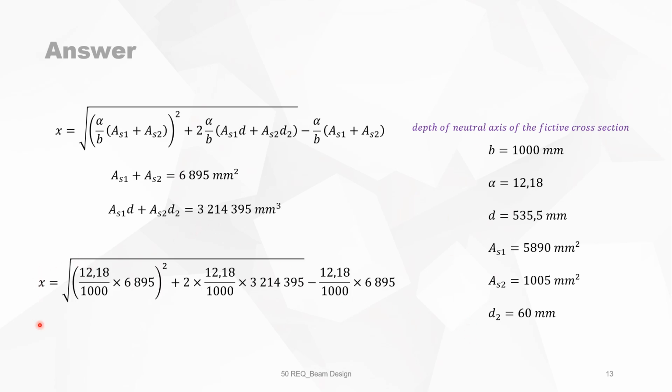Then we calculate the depth of the neutral axis, which is 208 millimeters. This must be bigger than, of course, the concrete cover plus the stirrup diameter and the point of gravity of the tension reinforcement or compression reinforcement, so we see that this is okay.